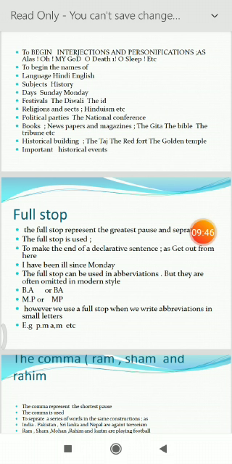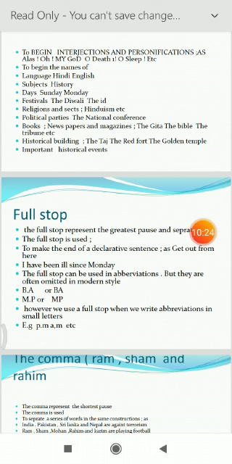However, we use the full stop when we write abbreviations in small letters, such as p.m., a.m., e.g. for example, etc. In modern English, Dr, Mr and Mrs occur without a full stop, as they have come to be regarded as full spellings. So they are recorded as full spellings, and there is no need of a full stop.